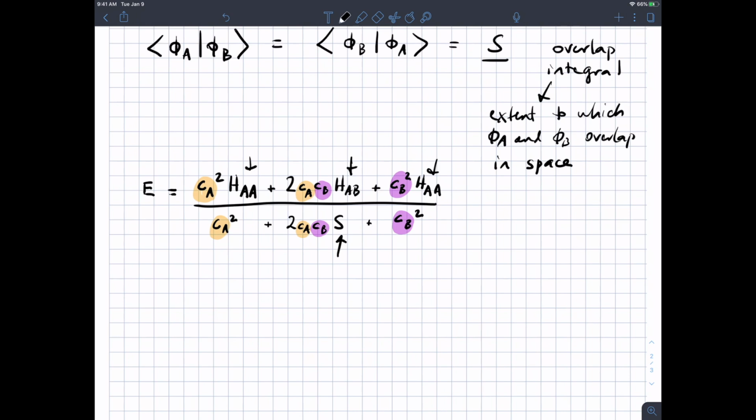Okay, so here's the jump. Here's a bigger jump than the jumps we've been taking. How can we find minimum possible values for energy? If I wanted to find the minimum of a parabola, x squared plus 2, what would I do?